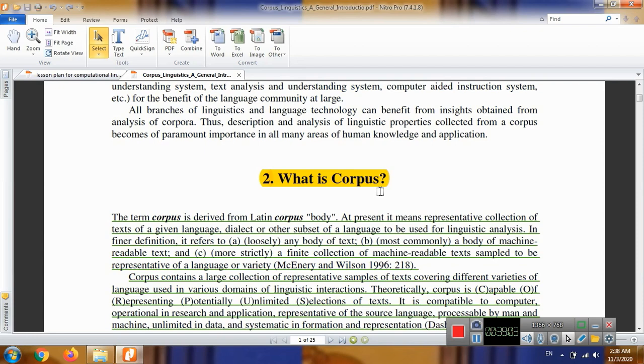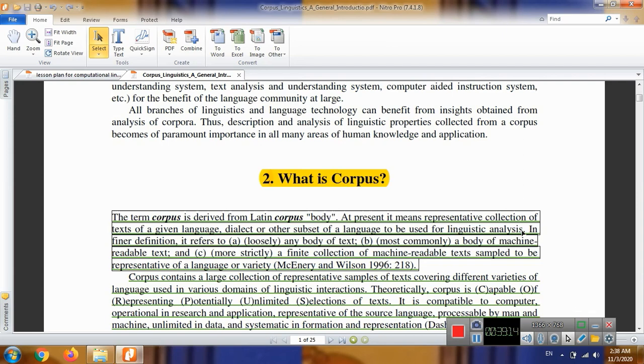You should know these features for each corpus. And when I want you to define the corpus, you should know these features, and you should refer to them.